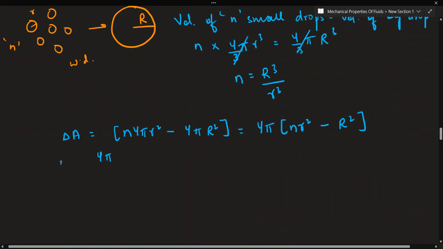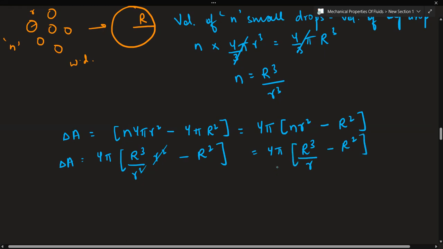So the change in area would be equal to, instead of small n, we can write capital R cube by small r cube multiplied by r square minus capital R square. So the square would get cancelled by this cube and we'll be left with 4 pi capital R cube by small r minus r square. This is the change in surface area.